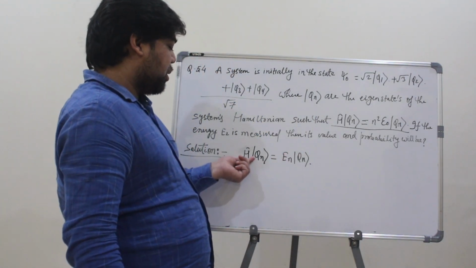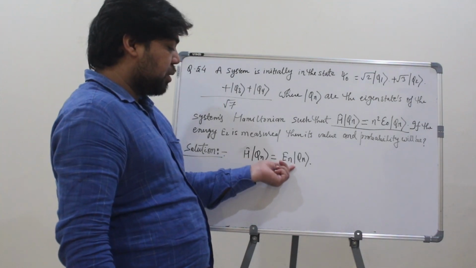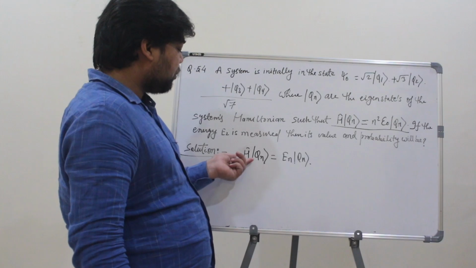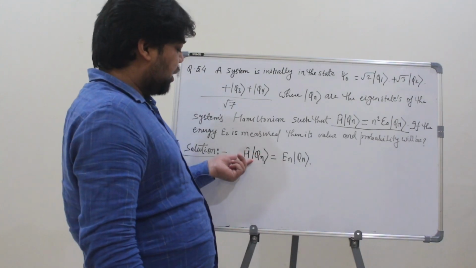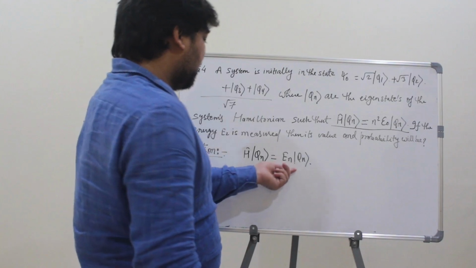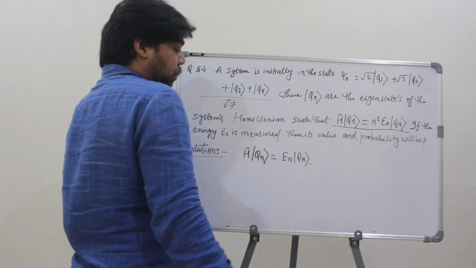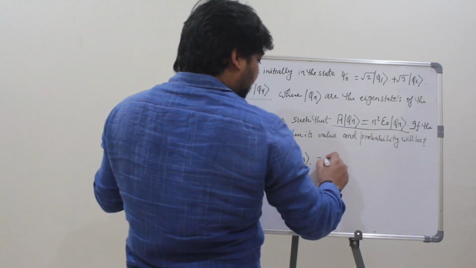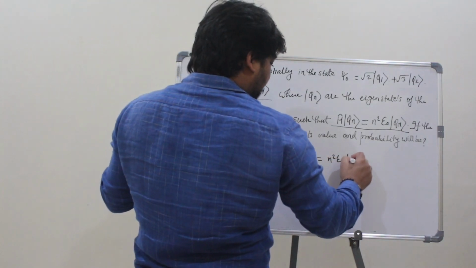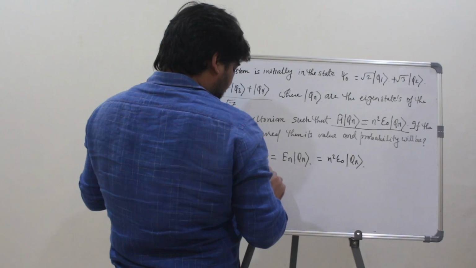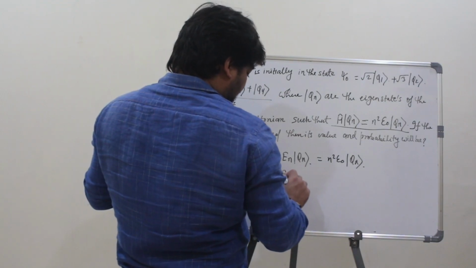The Hamiltonian represents energy, the energy operator, and it gives you the eigenvalue of energy. So H cap phi 2 will give you E2 phi 2.